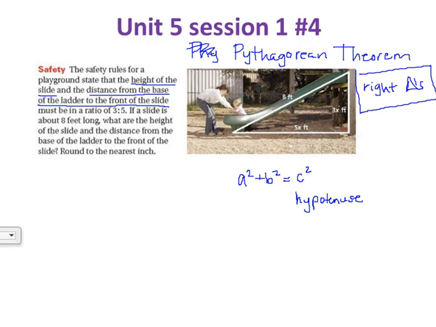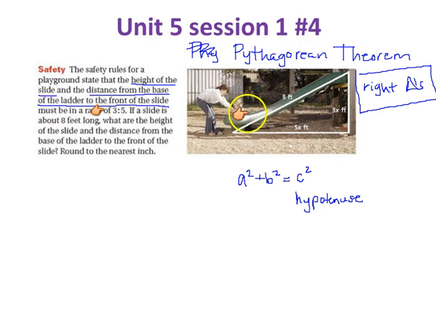So we're talking about the height, which is over here, and then the distance from the base of the ladder to the front of the slide is this distance here. These two distances, when we compare them to one another, must be in the ratio of 3 to 5. And that's why we've got 3x and 5x labeled here. We've already got it labeled to represent this ratio.